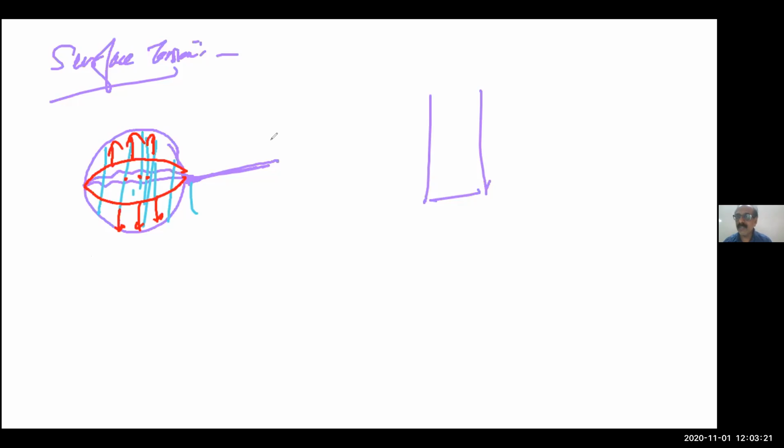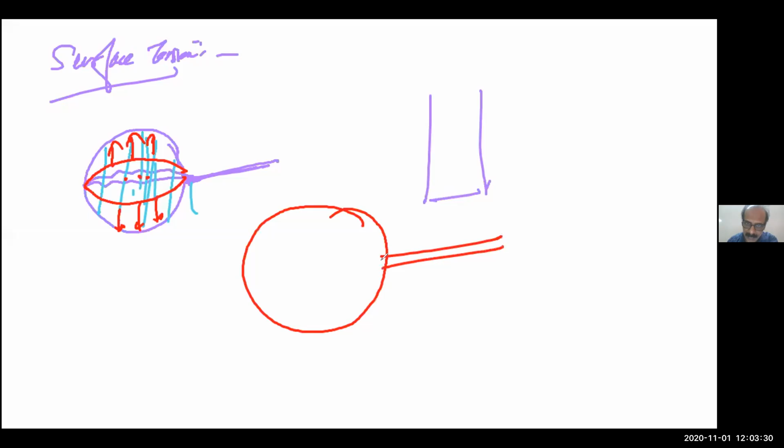Is it clear? Now, sir, I don't understand. Can you please re-explain? You take a circular frame, okay? That you understood? Yes, sir. In that, tie two loose strings. Dip into soap solution.